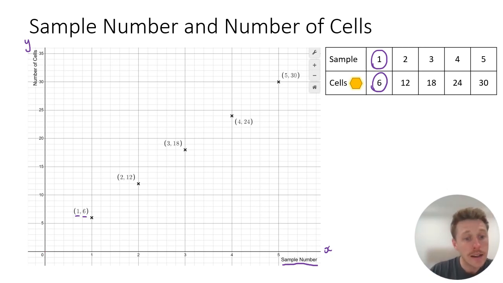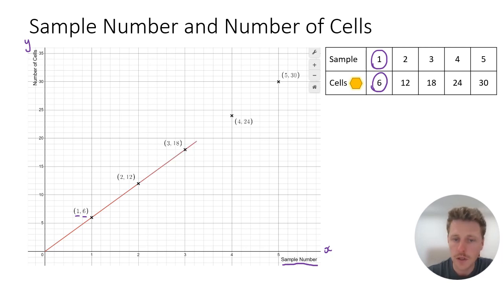So what we can do is we can actually animate this, and we can put this line in, because we know for sample number 2 that there is 12 cells. And we put that line in, and what we can see is it's a nice straight line. And what that means is it's a linear relationship. That's part of what it means to be linear. It goes in a straight line if we're to draw it on our Cartesian plane.